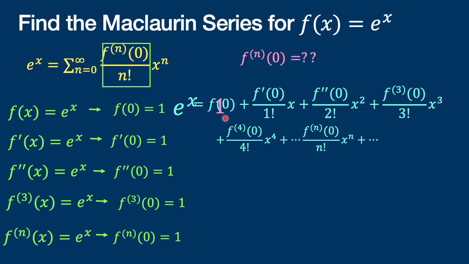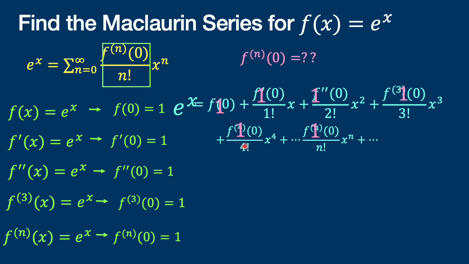So f(0) is 1, f prime of 0 is 1, the second derivative at 0 is 1, the third derivative at 0 is 1, the fourth derivative at 0 is 1, and the nth derivative at 0 is 1.